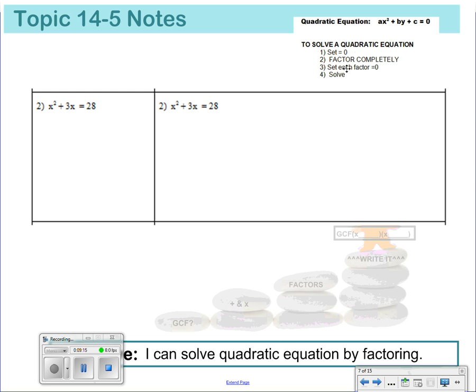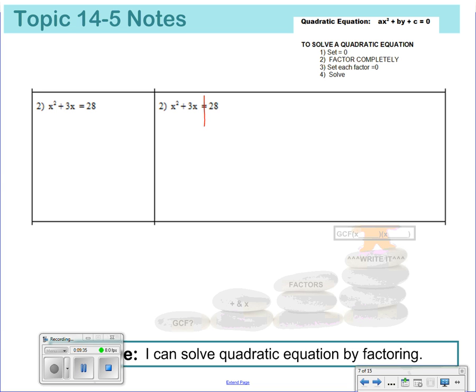I have the 4 steps up here. The first thing we need to do is get it set equal to 0. Recognize that this is not set equal to 0. It is equal to 28, so I need to get the 28 onto the other side of the line. I need the right-hand side to be equal to 0.